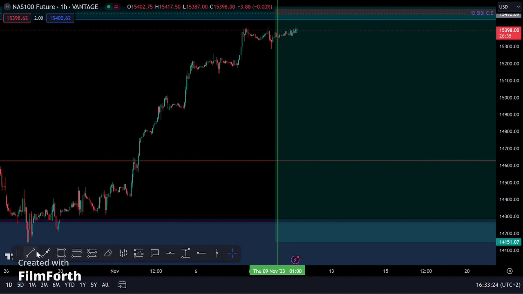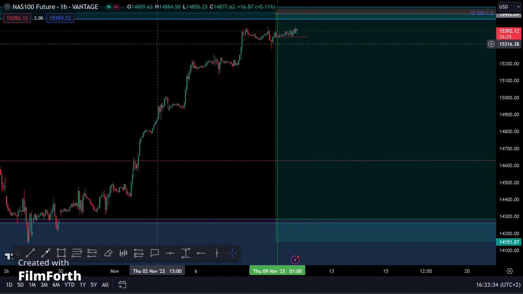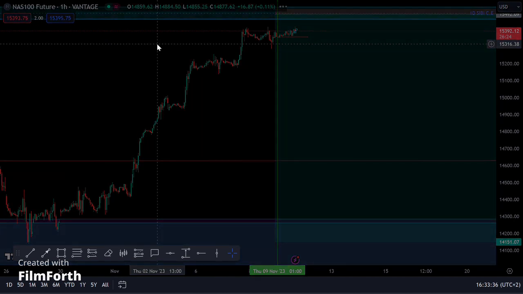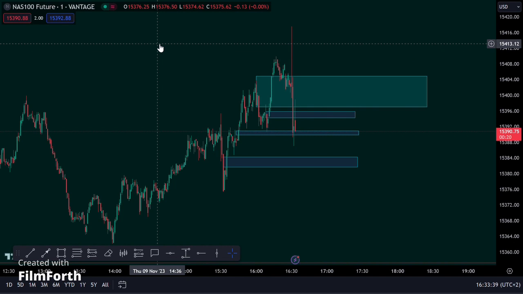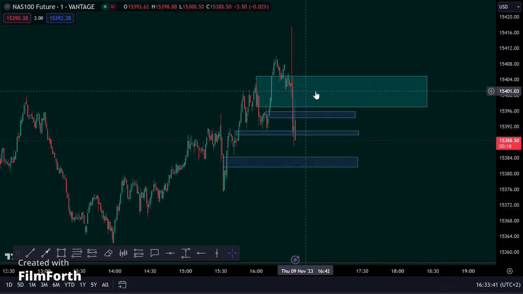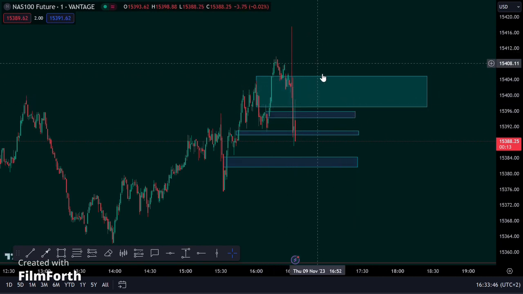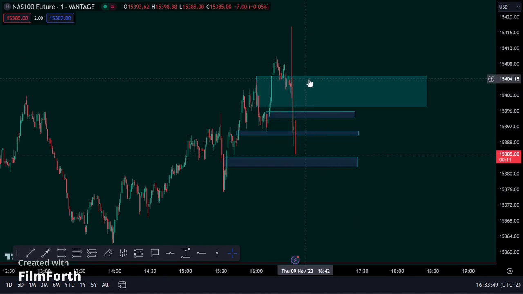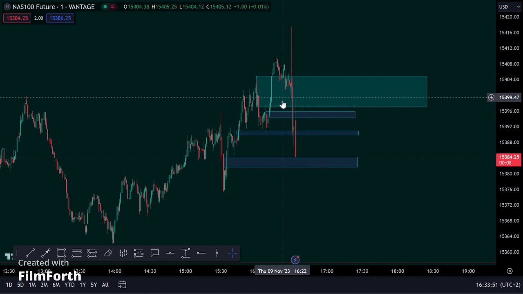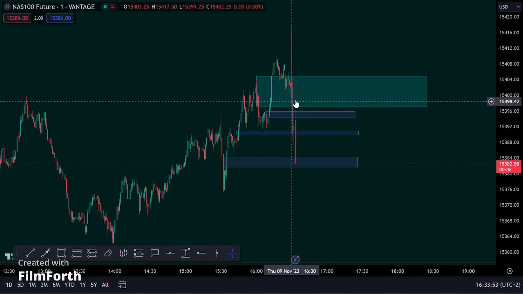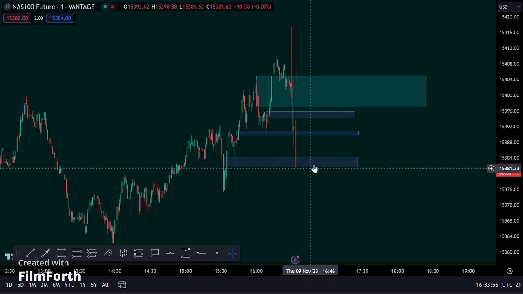Probably right here. We use this as an inversion fair value gap. You see this 5-minute fair value gap, we use this as an inversion fair value gap, but it's also a 1-minute fair value gap here, a little one. And if it violates this one also, just know that highly lower prices are expected.